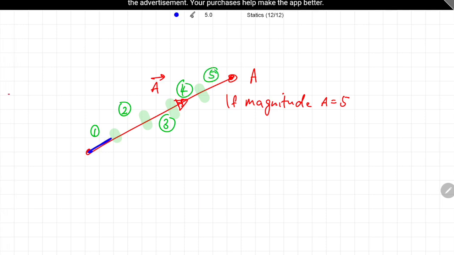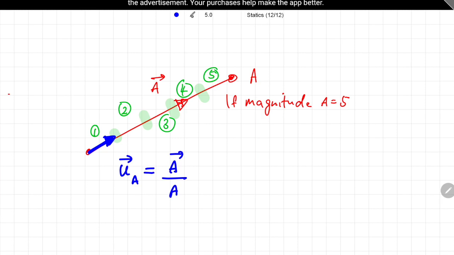If I were to draw a vector line with the same direction as vector A at only one region, this blue line is known as the unit vector, and usually we represent the unit vector with the symbol U. The unit vector can be calculated by dividing vector A by magnitude A.